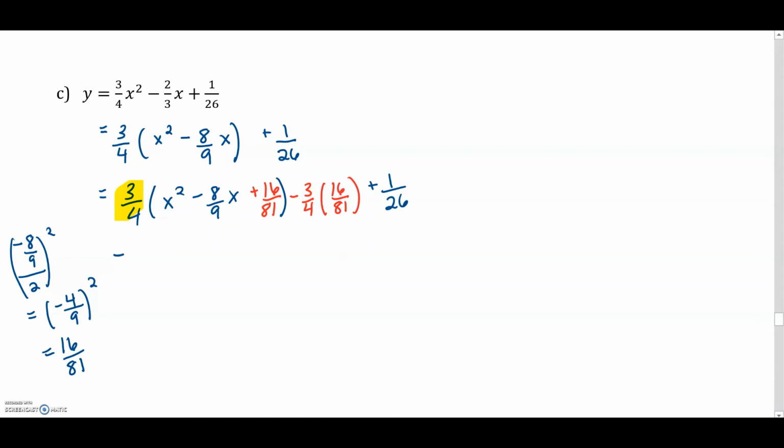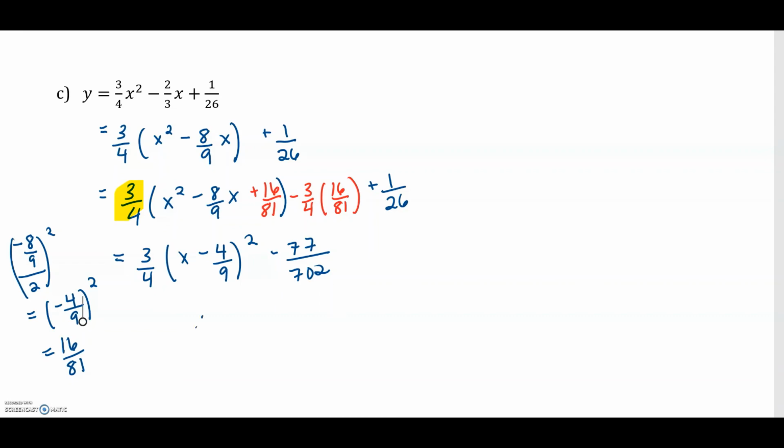Now factoring our perfect square trinomial, we get x minus 4 over 9 squared, and we simplify everything outside of the brackets, and we get minus 77 over 702. So you could evaluate that portion outside of the brackets using the fraction key on your calculator, or by finding a common denominator and combining the fractions.